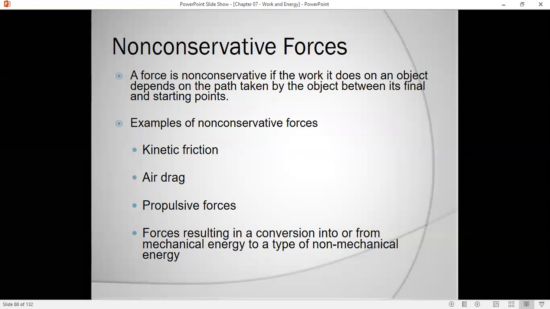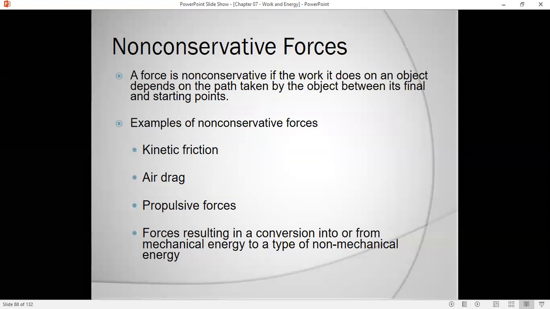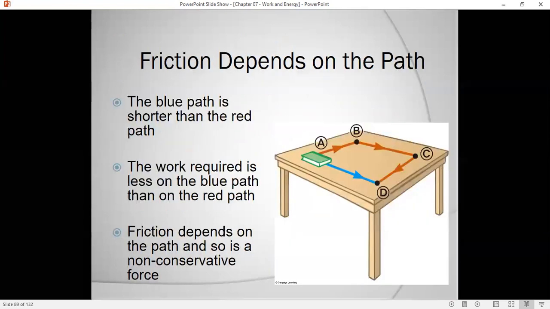Non-conservative forces include things like friction, other forms of friction such as air drag, and of course, propulsive forces. Any forces resulting in the conversion into or from mechanical energy of a non-mechanical type are going to be considered non-conservative forces. So here's a good example of how a non-conservative force works. This is friction.